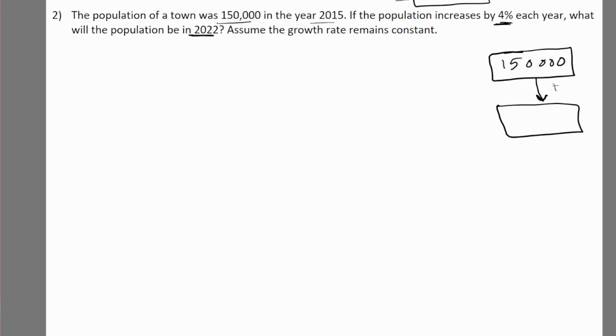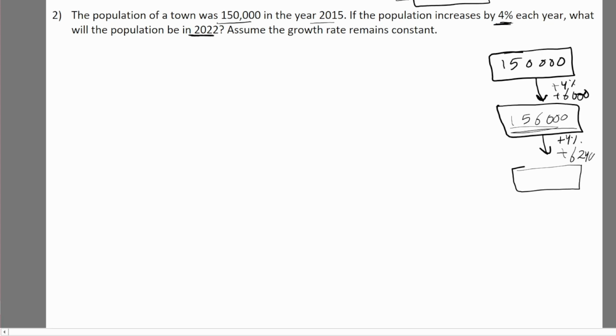So if you want to increase by 4%, this will be an addition of 6,000 people. So you end up with 156,000 people, right? In the next year, you will increase 4% based on your current population, which is 156,000, right? So this will be an increase of 6,240 people.